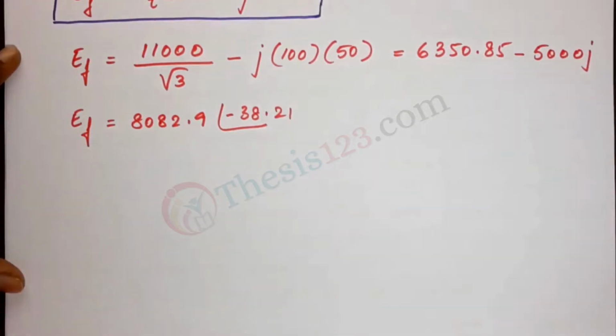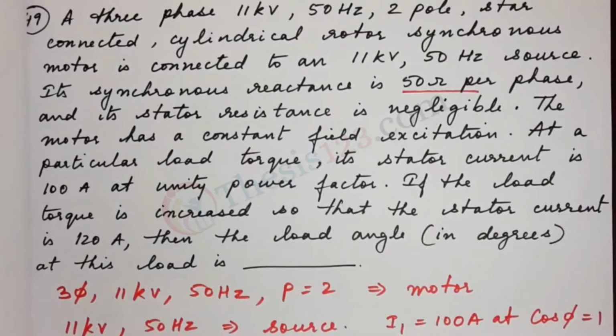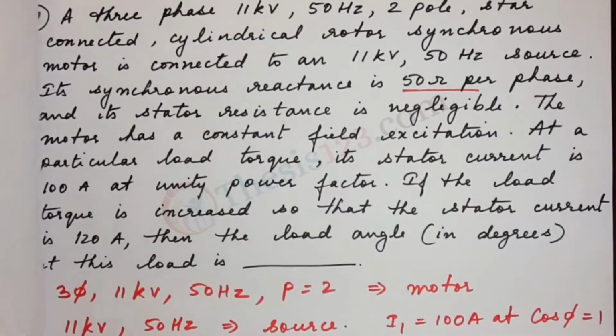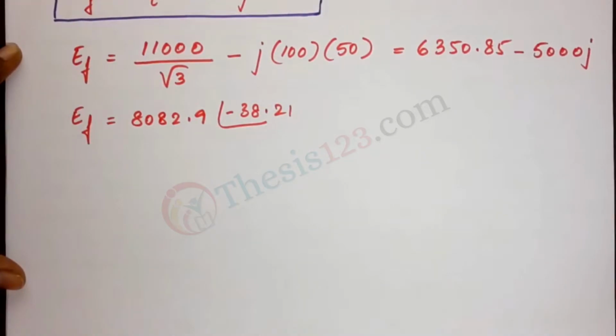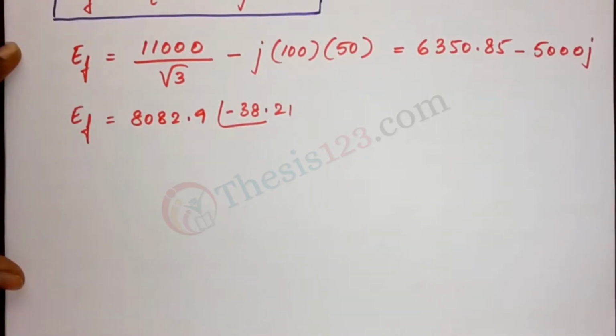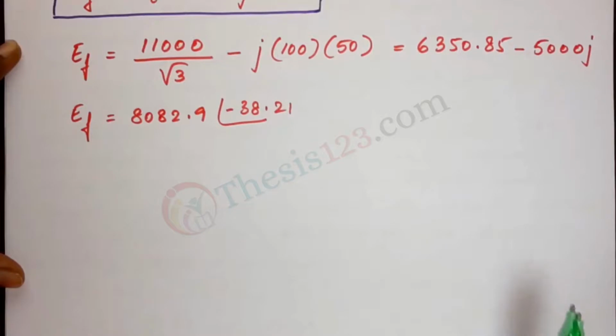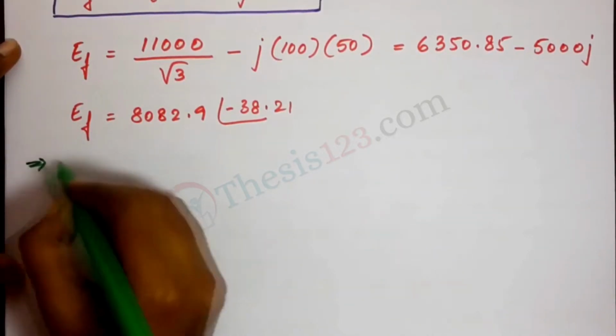So the question says that the load torque is increased, so that the stator current is 120 amps. Now the fact is that if the load torque increases, what happens to the power factor? Now the power factor is unity according to the question. So when the load torque increases, the power factor becomes lagging. That's an important point here.